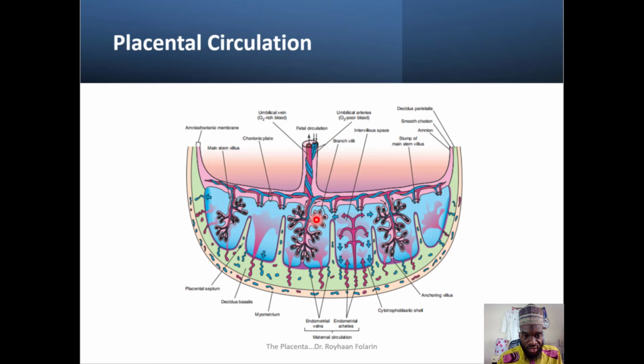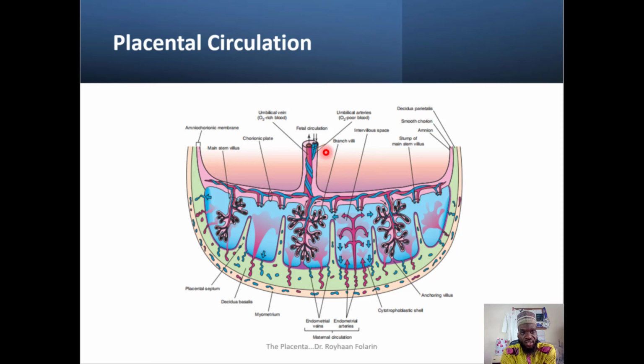So here is the branched villus, and at the end of the day, you see these arteries and veins, how they move around in the chorionic plate before eventually giving rise to the umbilical vein, and then the umbilical artery.